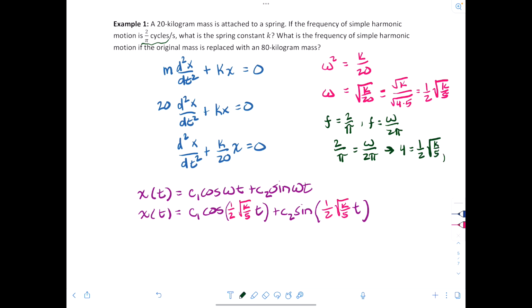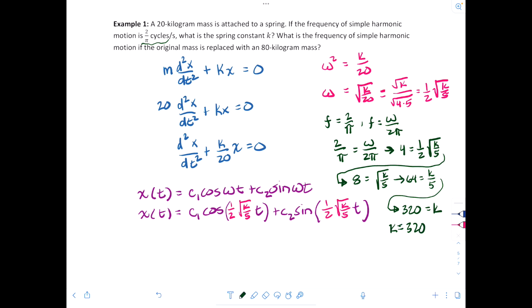So continuing, multiplying both sides by 2, we'll get 8 is equal to the square root of k over 5. Squaring both sides, we'll get 64 equals k over 5. And finally, for k, 5 times 64 is 320 is equal to k. K is equal to 320, and then newtons.